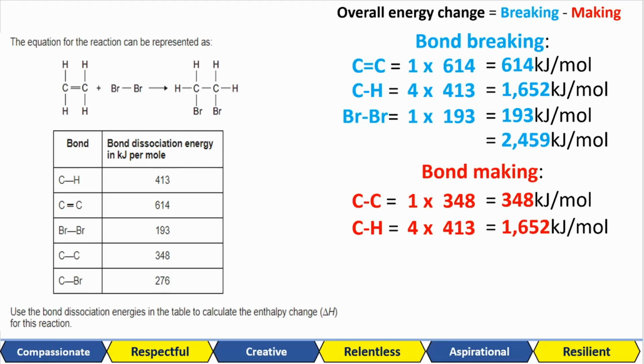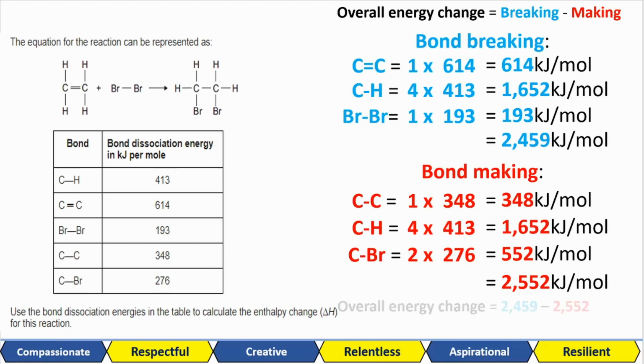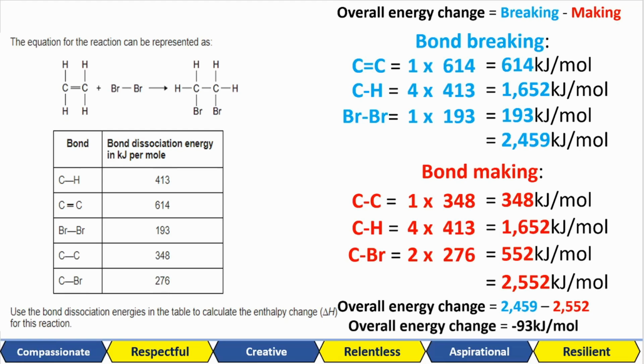And then we finally have the carbon and bromine bond, and there's 2 lots of them, and each one is 276. So timesing that by 2 gives us 552 kilojoules per mole. Summing all of that together and minusing what we have gives us a total of minus 93 kilojoules per mole.